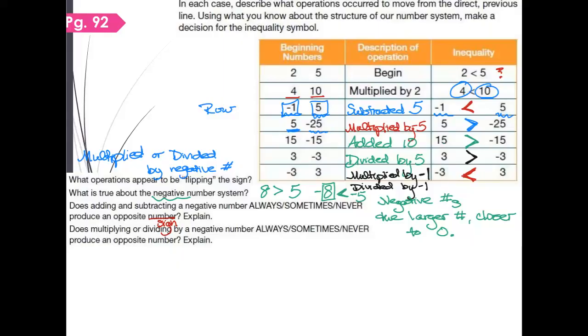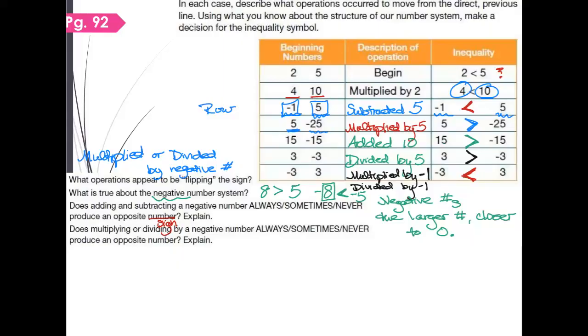If I add a negative number, does it always give me the opposite sign? Does it never give me an opposite sign? Is anybody really thinking anymore? Do you understand the question?